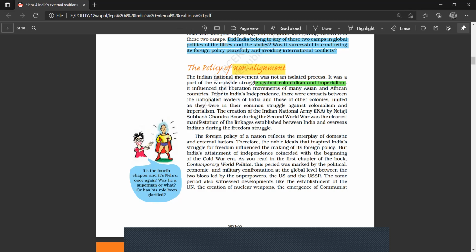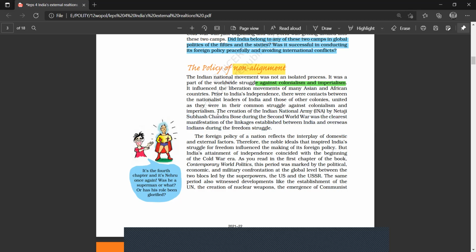It influenced the liberation movements of many Asian and African countries. Prior to India's independence, there were contacts between the nationalist leaders in India and those of other colonies, united as they were in their common struggle against colonialism and imperialism. The creation of the Indian National Army by Netaji Subhash Chandra Bose during the Second World War was the clearest manifestation of the linkages established between India and the overseas Indians during this freedom struggle.